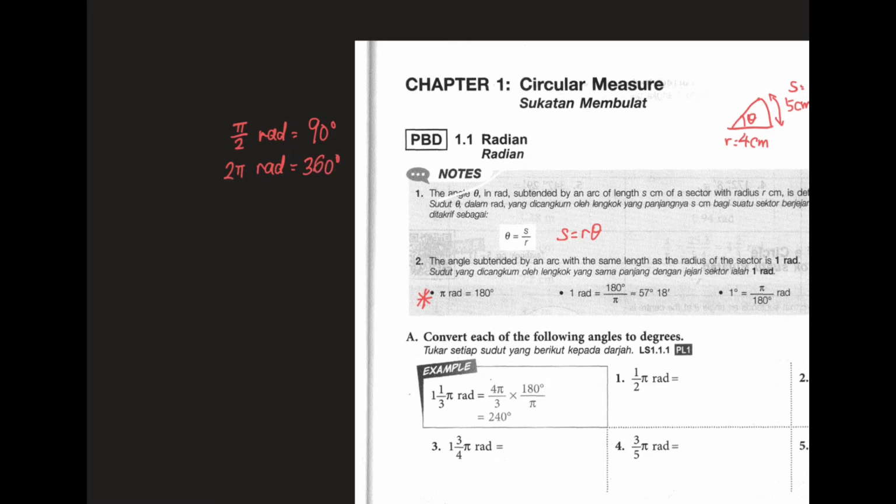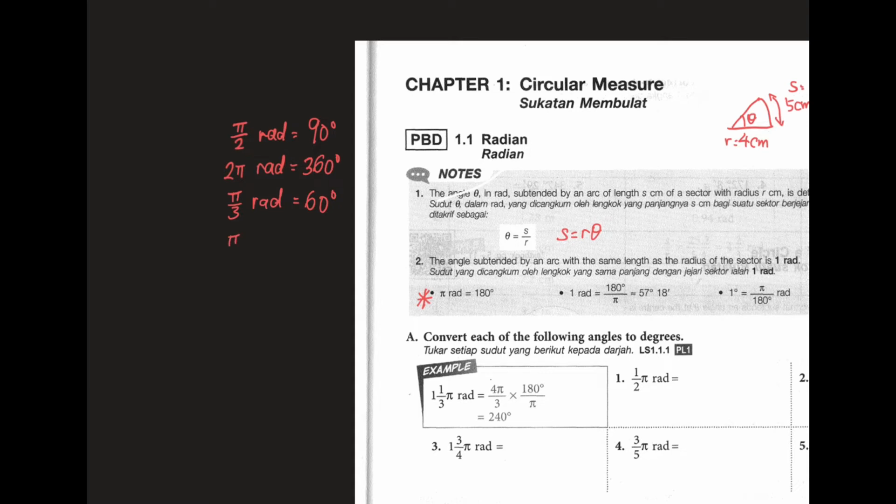Okay, now let's say I ask you another example. Pi over 3 radian is equal to how many degree? 60 degree. Yeah, correct. 60 degree. So I guess you roughly know how it works already.